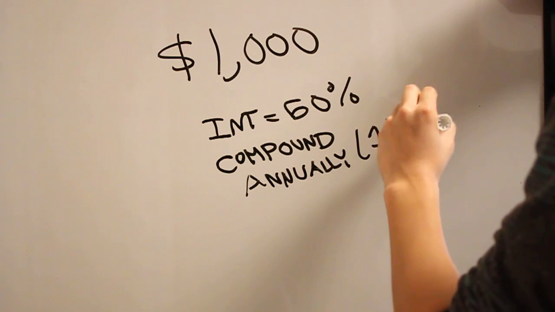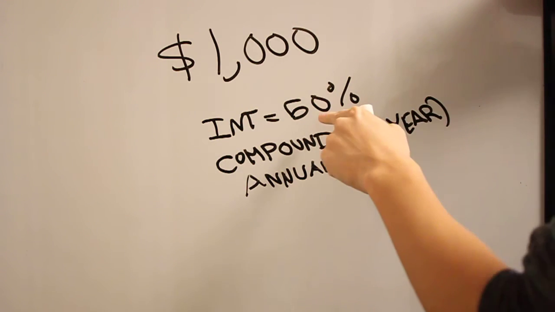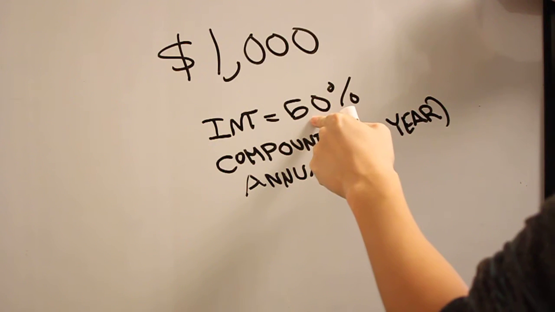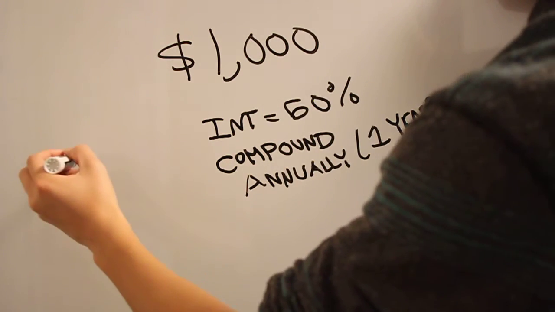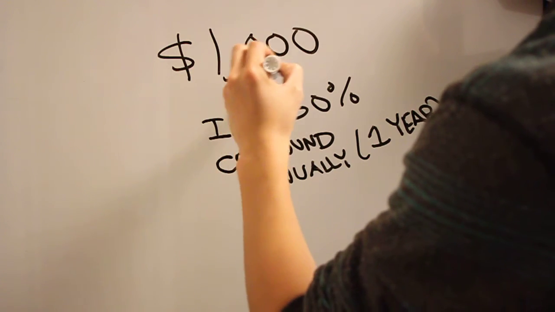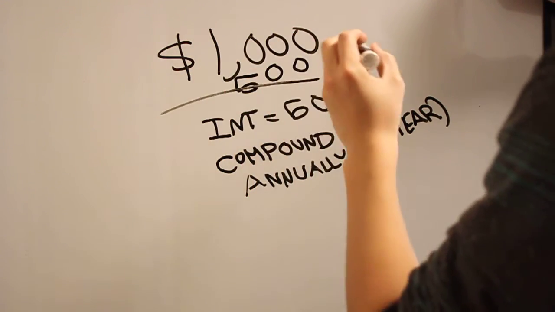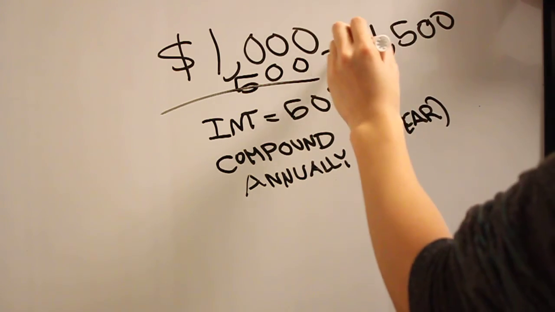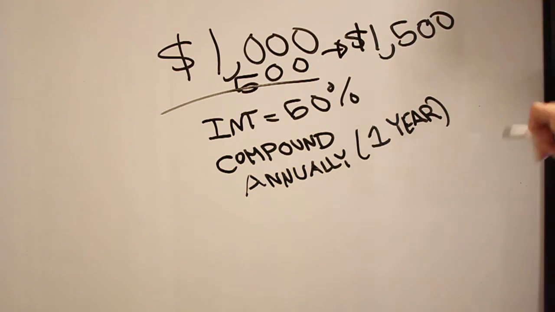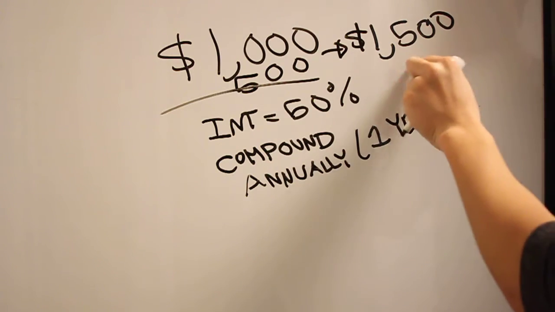Every year they're going to do this. They're going to take your money, multiply it by 50%, which gives you $500, and they're going to add that to what you had. So then now you have $1,500 at the end of 1 year. And it happens in a split second. So then at the close of this year, they're going to do this once.